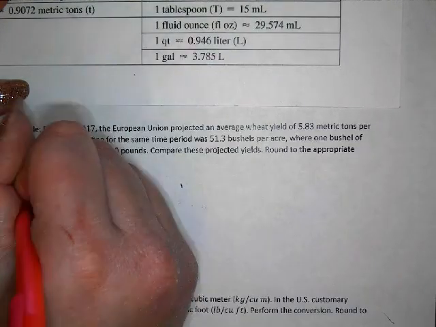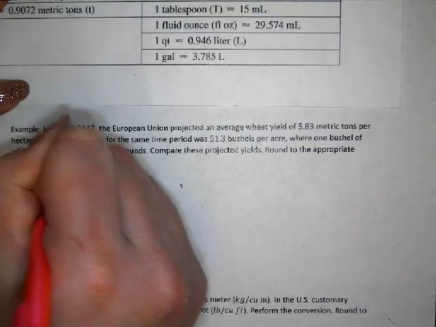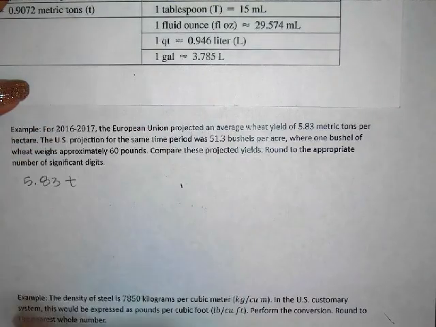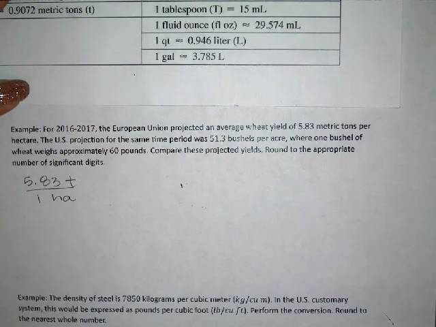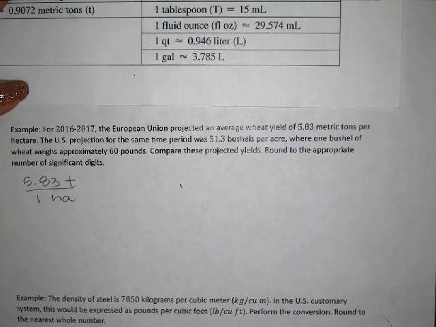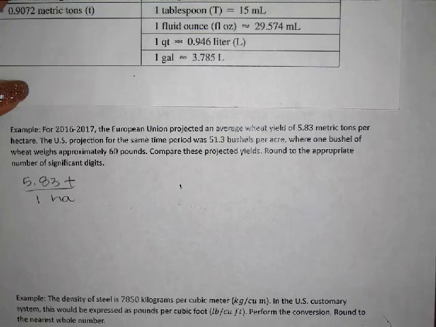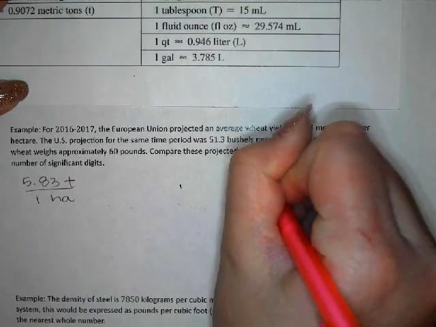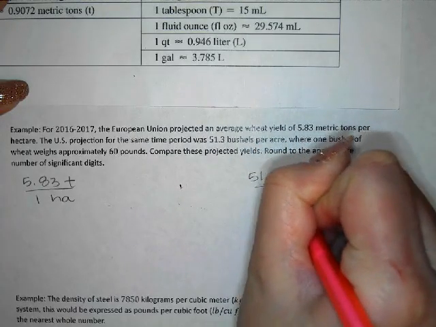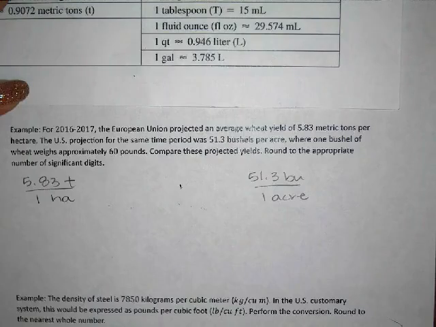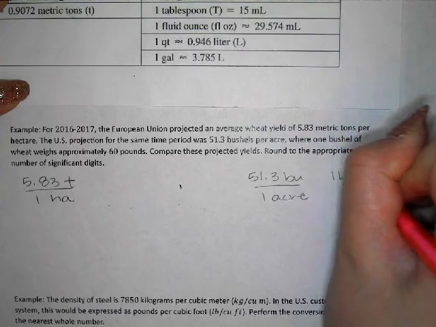The U.S. projection for the same time period was 51.3 bushels per acre, where 1 bushel of wheat weighs approximately 60 pounds. Compare these projected yields and then round your answer to the appropriate number of significant digits.